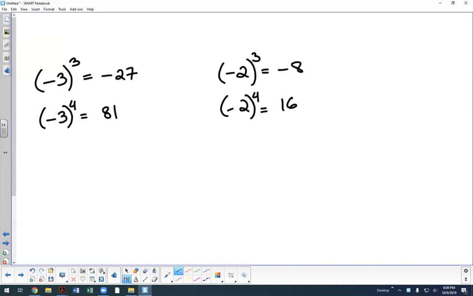So the idea is, if you have a negative base, whether your exponent is even or odd is where the difference actually happens.